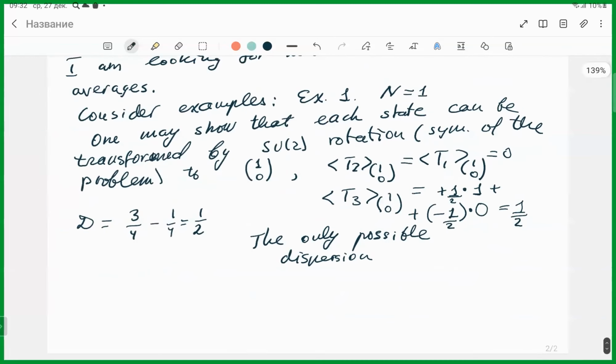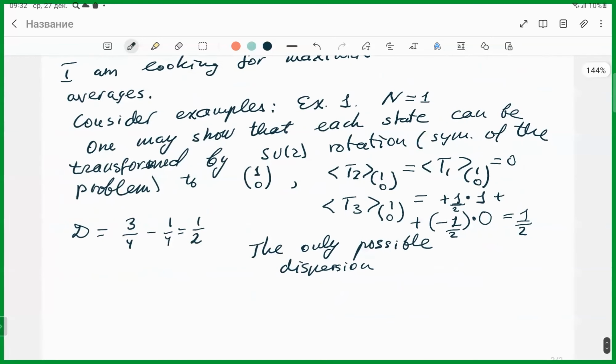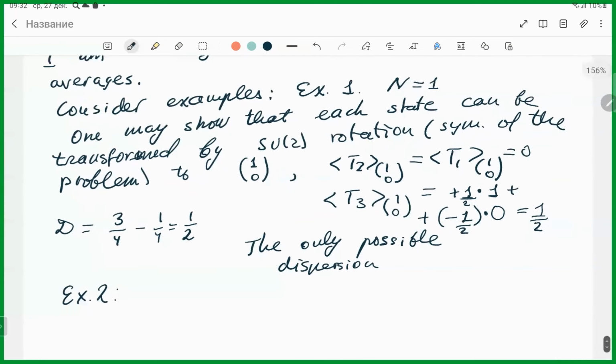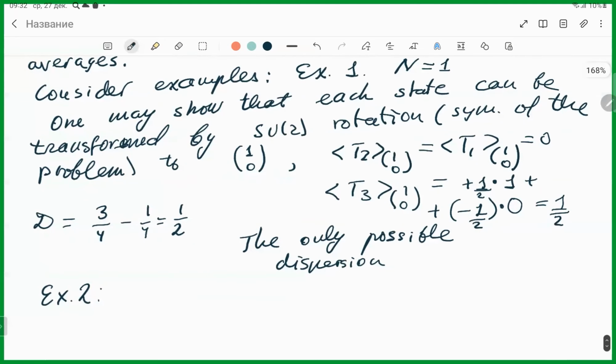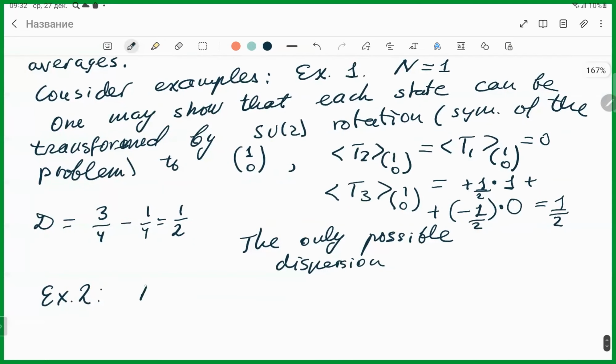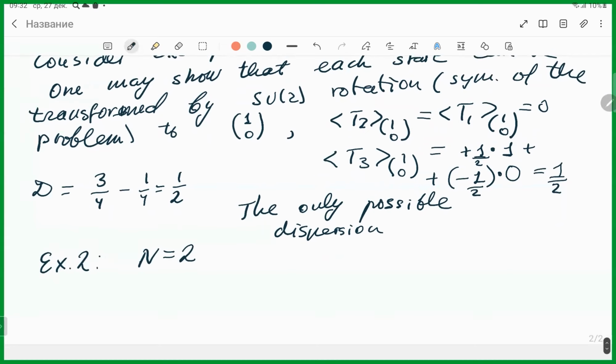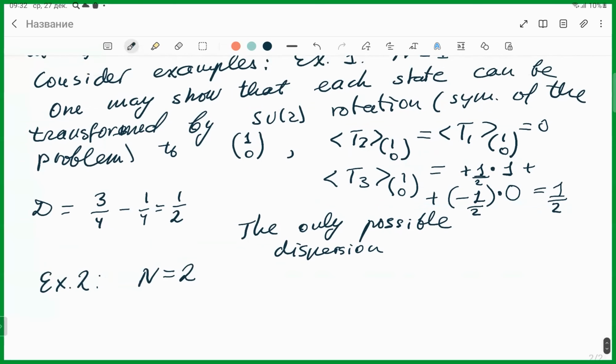Now, let me consider a more complicated example. Example 2. Let me take n equals 2. And here I will take 2 states.